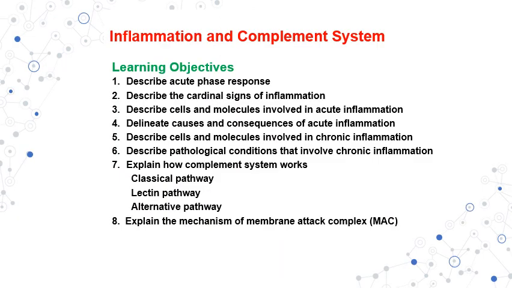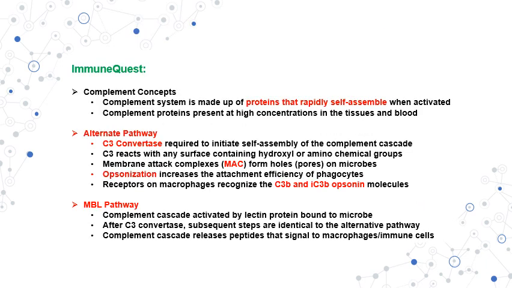All right. So now we're going to get into those objectives, and we're going to go one by one. If you're playing the Immune Quest, this is when you start getting into the complement pathways. So we're going to see the alternate pathway and the mannose binding lectin pathway, and also the classical pathway.